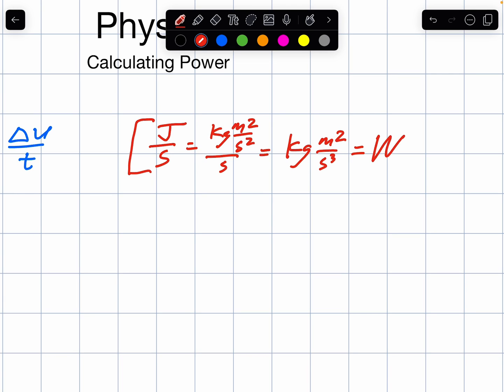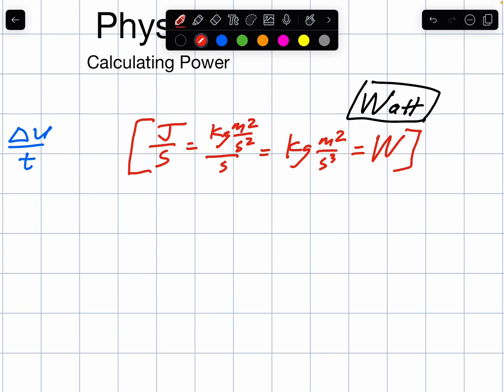So the unit for power is the watt. We abbreviate it capital W, which is confusing because that's also the letter for work. But that's what we use. Now, check this out. A kilogram meter squared per second cubed.